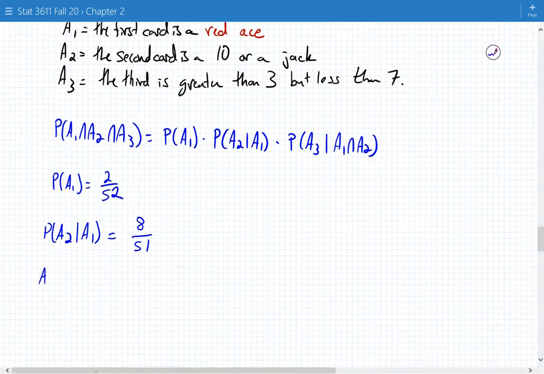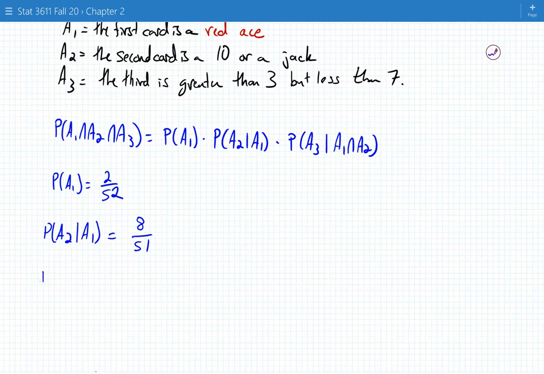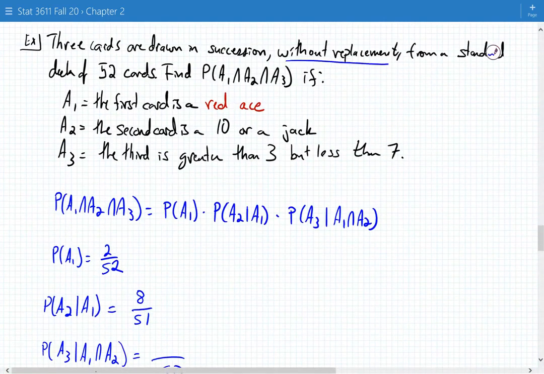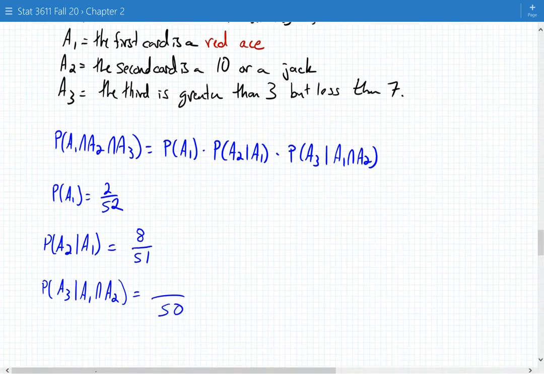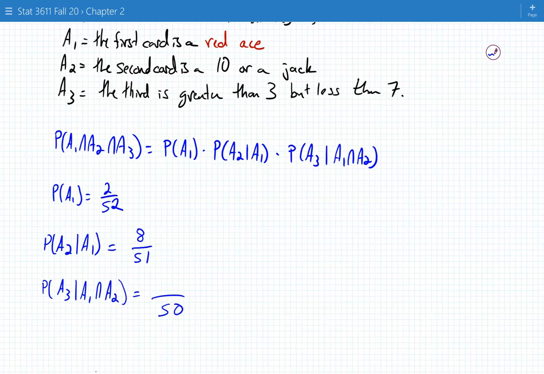How about the probability of A3 given A1 intersect A2? Well, first notice that if you've drawn a red ace and a 10 or a jack, there are only 50 cards left here. Because remember, this is done without replacement. Now, a red ace and a 10 or a jack, neither of those events are affecting the numbers 3, 4, 5, 6, or 7.